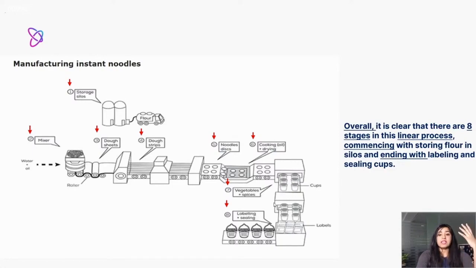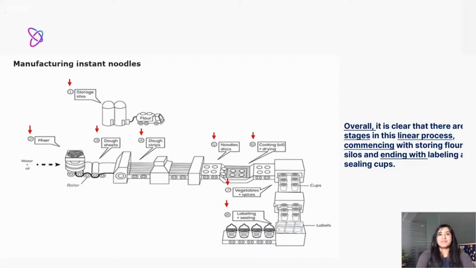And instead of saying starting with, we've upgraded our vocabulary and said commencing with storing flour in the silos and ending with, again, keyword, labeling and sealing cups. So we've covered the stages, we've covered what type of process it is, and we've told the examiner where it starts and where it ends. So that seems like a full overview paragraph.